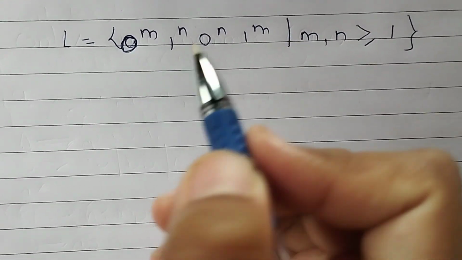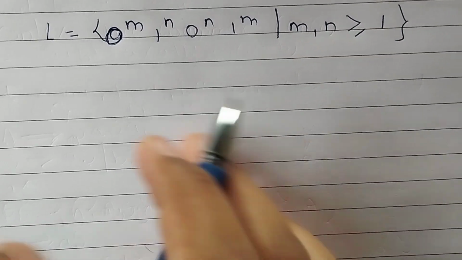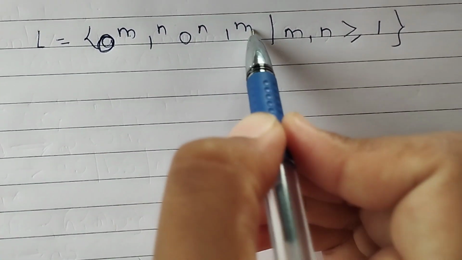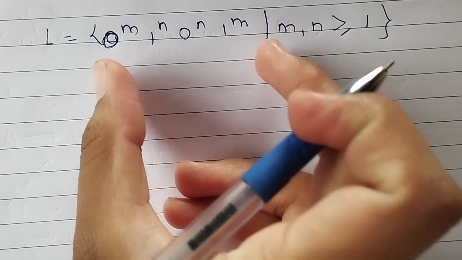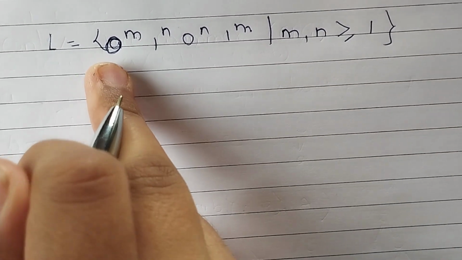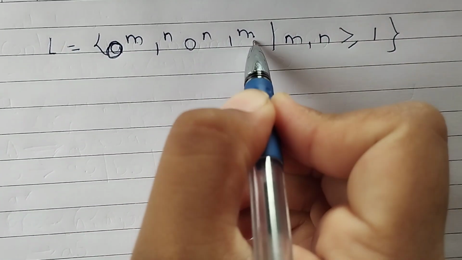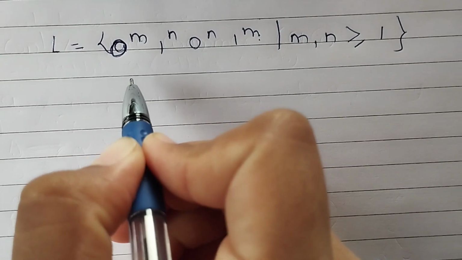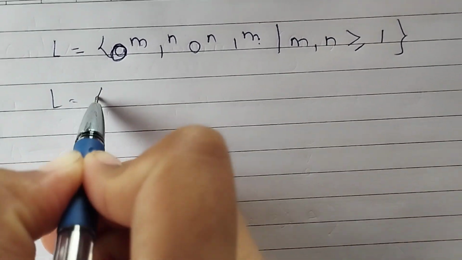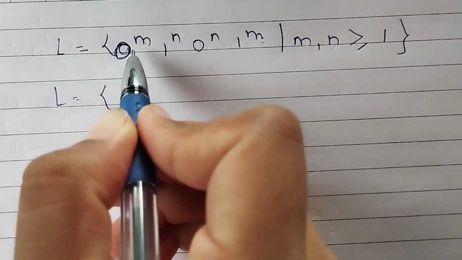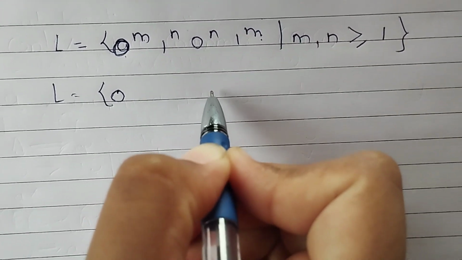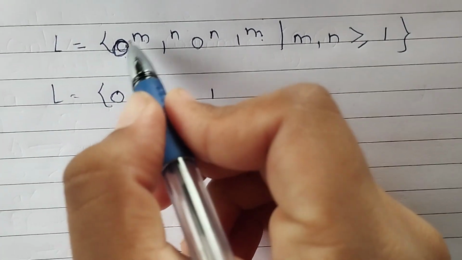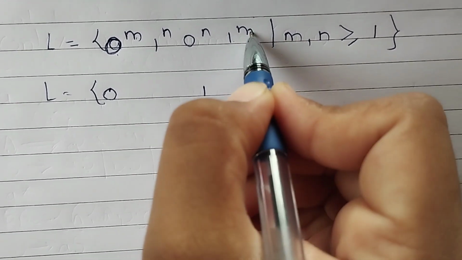Now see carefully. 0 raised to m, 1 raised to m means these 0s and 1s come equally. If m is 1, then this 0 is 1 and this 1 is also 1, because 0 raised to m, 1 raised to m.